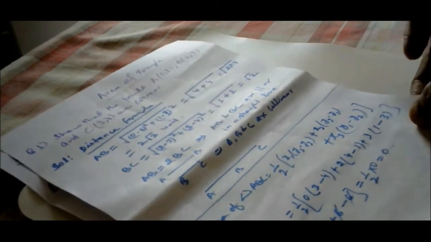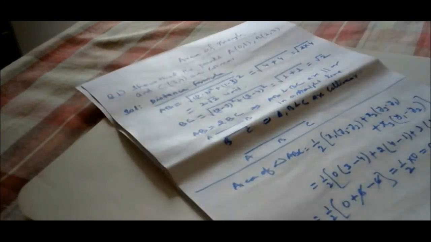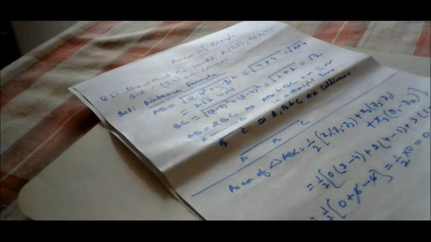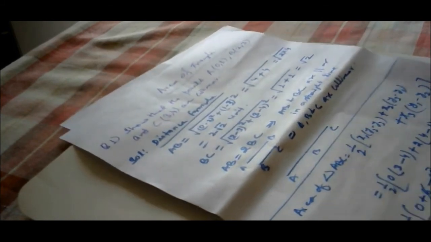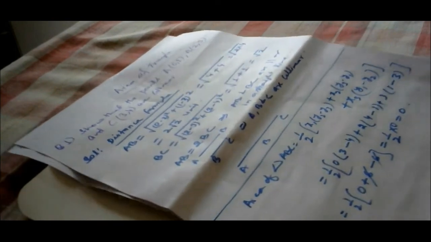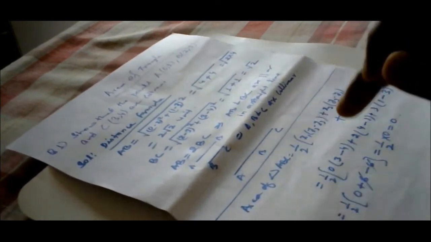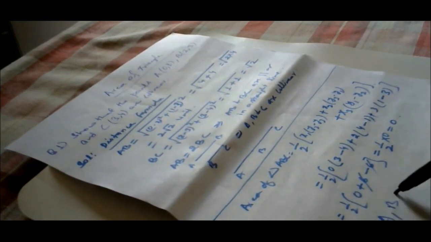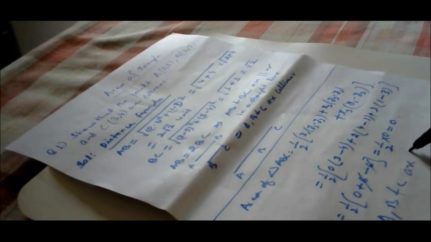Now you see, with the help of the distance formula we have proved it, and with the help of area of triangle also we have proved that the points are collinear. The area of triangle formed by vertices A, B, C can be 0 only when A, B and C are lying in a straight line. Therefore, A, B and C are collinear.